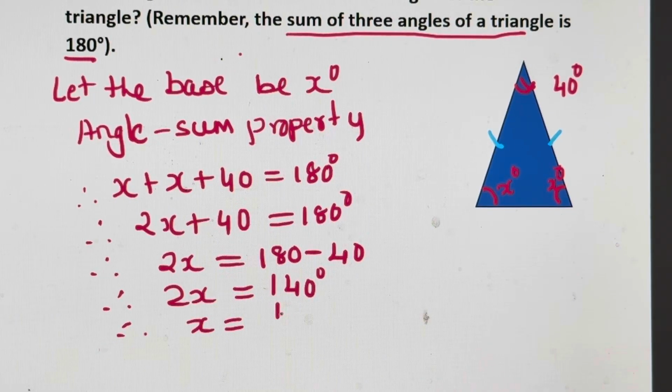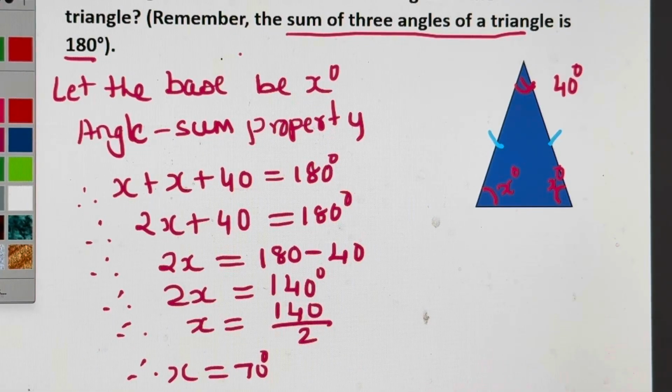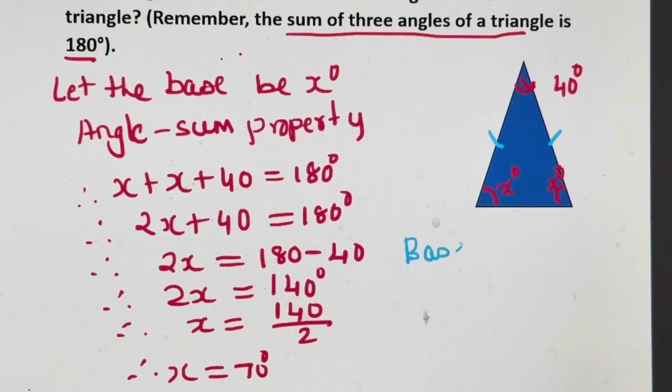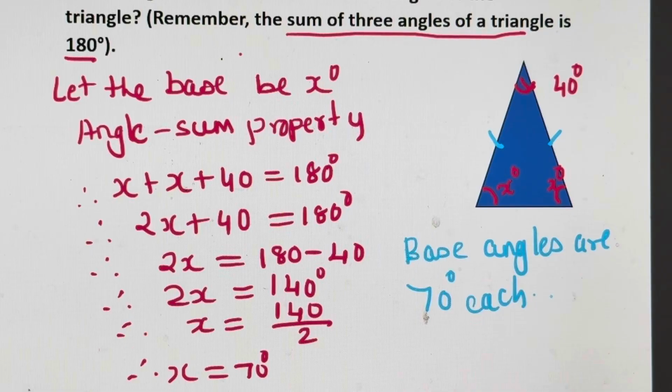When we transpose, it becomes division. So 140 divided by 2 is x is equal to 70 degrees. Right? So both the base angles would be 70 degrees each. So we can write the statement over here. Base angles are 70 degrees each. Clear?